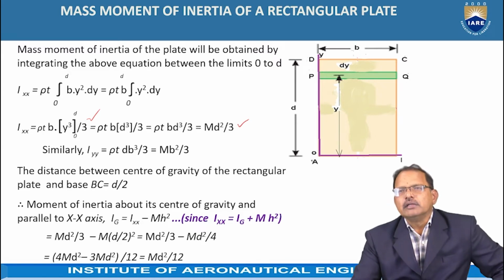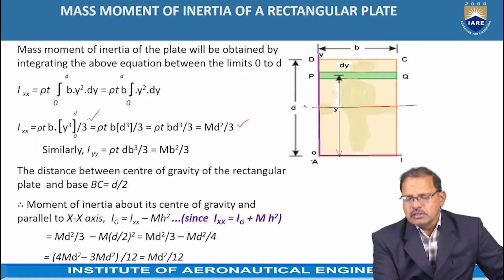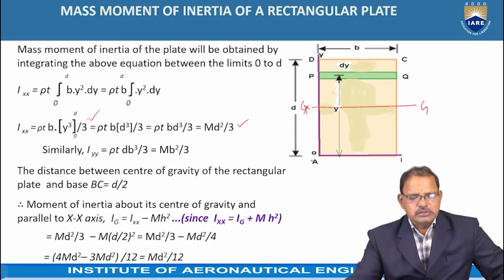Here, in order to determine the mass moment of inertia of the plate about its central axis, the central axis always passes through half of the depth. Assume this is representing the GG line.